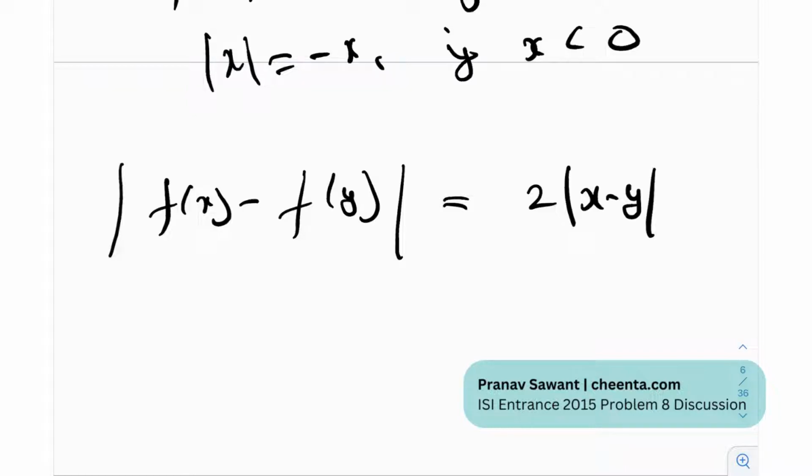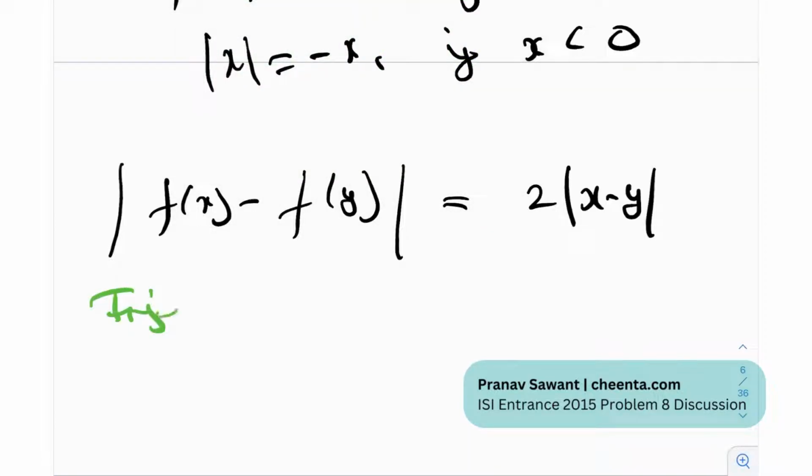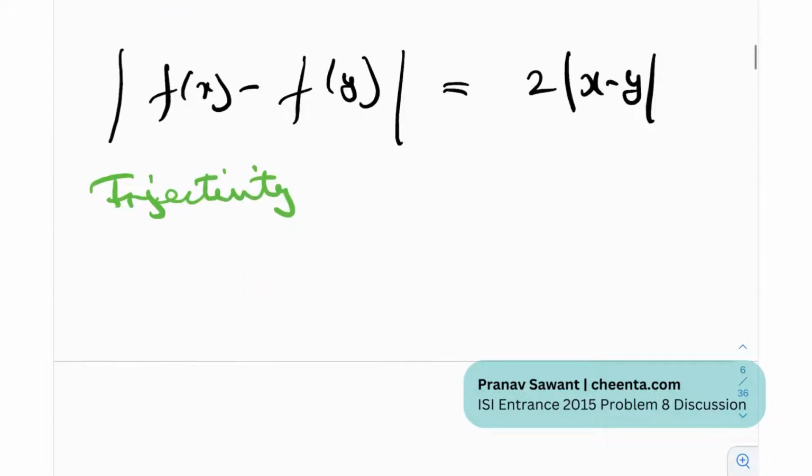Now I'm probably going to discuss an important concept called injectivity. So what is injectivity? The property is called injectivity, and the functions that follow it are called injective functions.